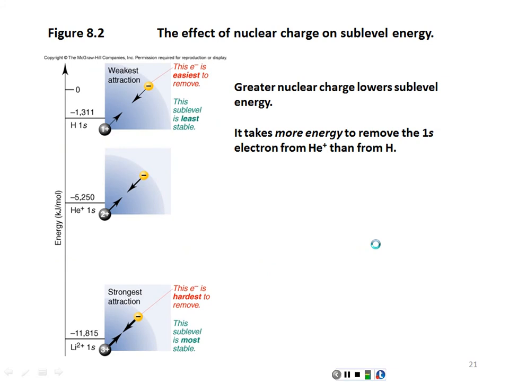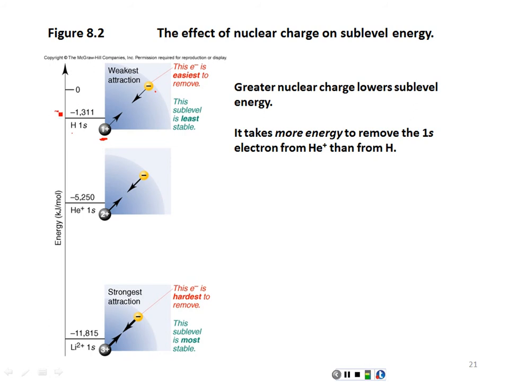So if we look at figure 8.2, this is the effect of effective nuclear charge on sublevel energy. So the greater the nuclear charge, the lower the sublevel energy. And we can see that using this example. Hydrogen has a positive 1 charge, 1 proton in the nucleus, 1 electron. The energy required to remove this electron would be negative 1311 kilojoules.